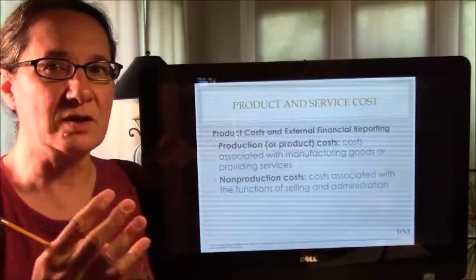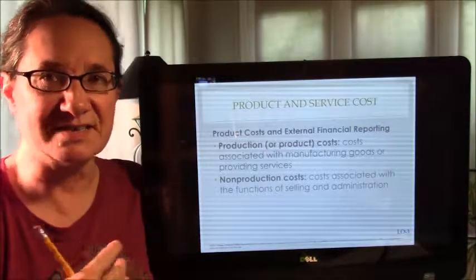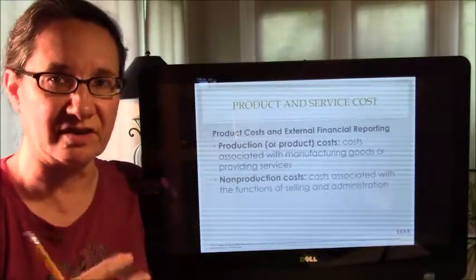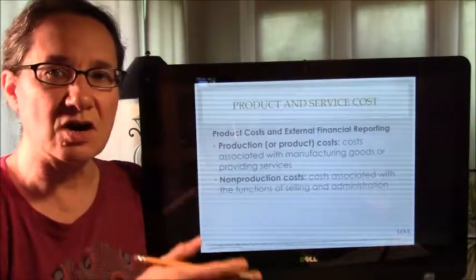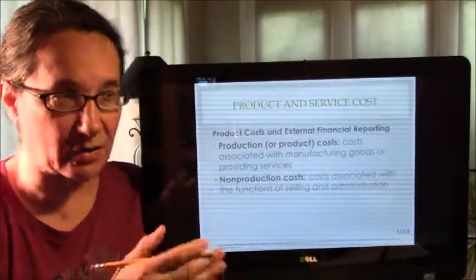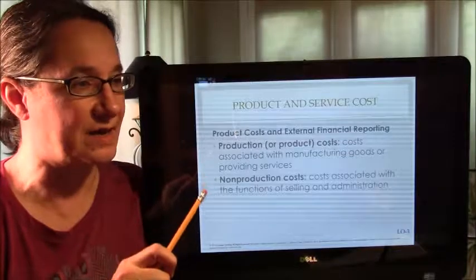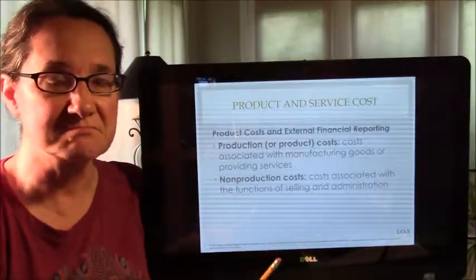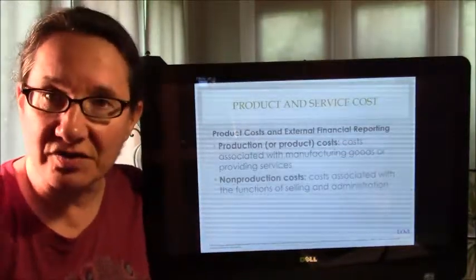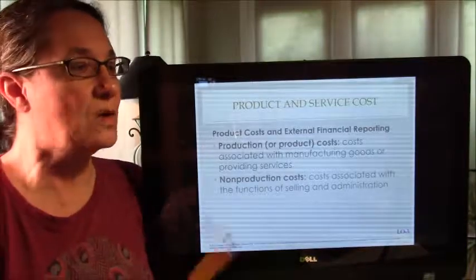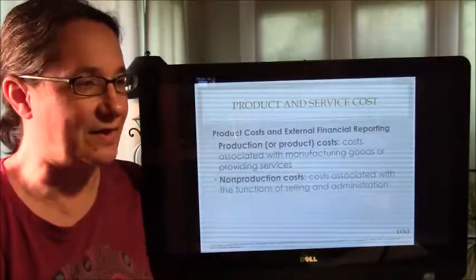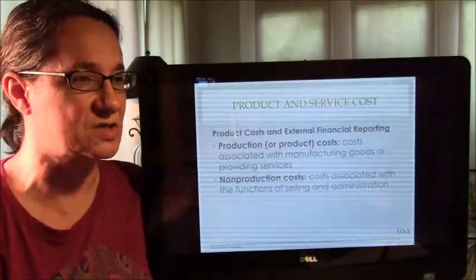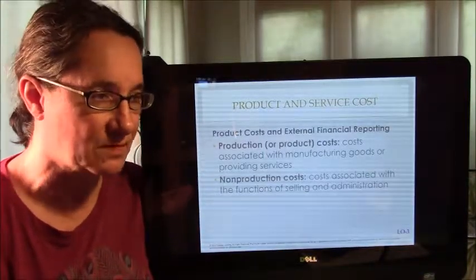Costs, as we go along, we're going to divide up costs into things like direct, indirect, overhead. And certainly costs can be in more than one category, all right? So I don't want you to think that a production cost is not also a direct cost, right? They can be in more than one category, so don't get confused about that. A production cost is cost associated with manufacturing, right?